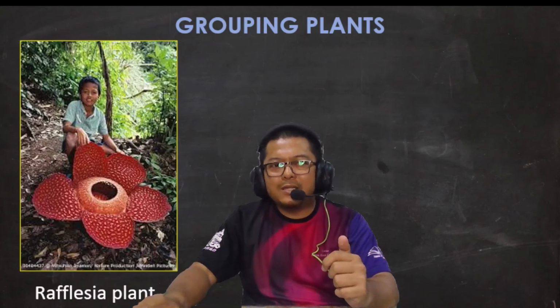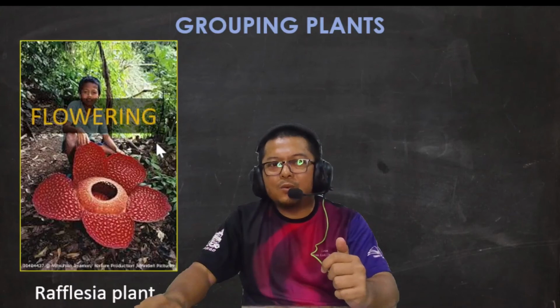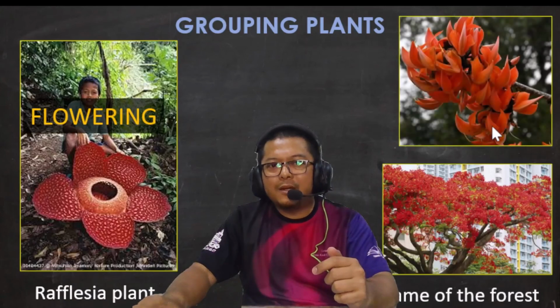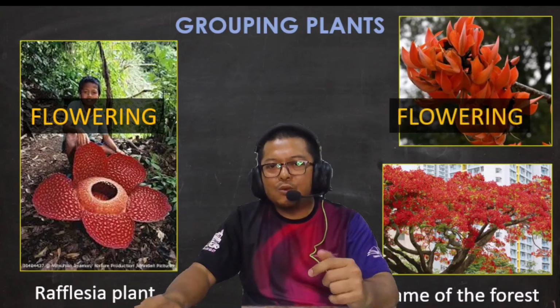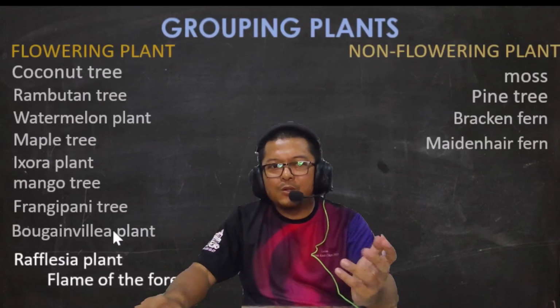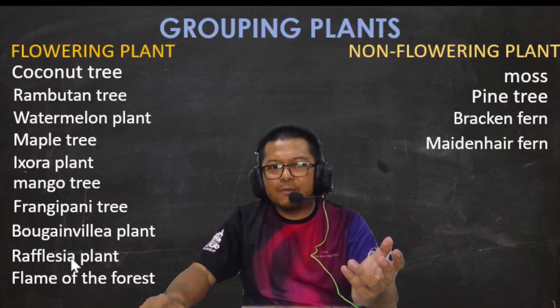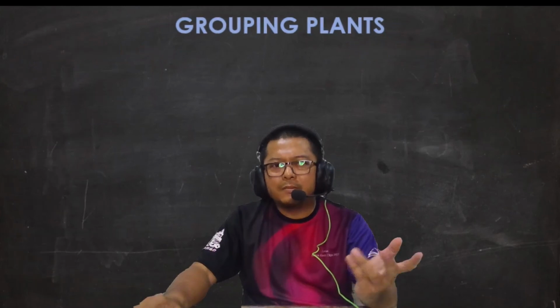So this is a flower, so this would be a flowering plant. And next, this is a flower of the flame of the forest tree. So this is also a flowering plant. So it would be in this group, Rafflesia plant and flame of the forest.